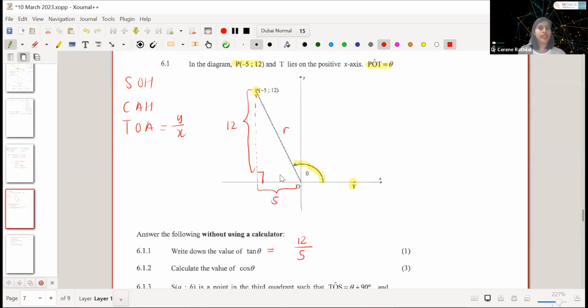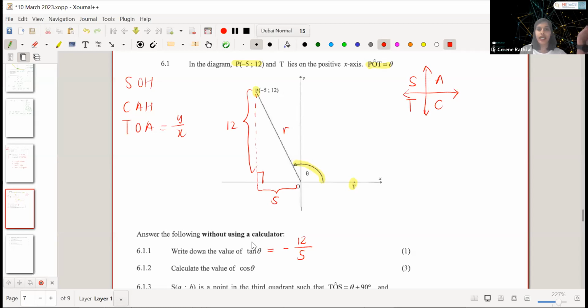But technically this was on the negative side. So maybe this might be a good way for you to remember to put your negative in, because this was on the negative x-axis. But another way for you to think about why a negative belongs in here is to think about the angle. Right, you would have learned about your CAST diagram. Isn't that so? And what the CAST diagram tells you is in which quadrant all of the trig ratios would be positive.